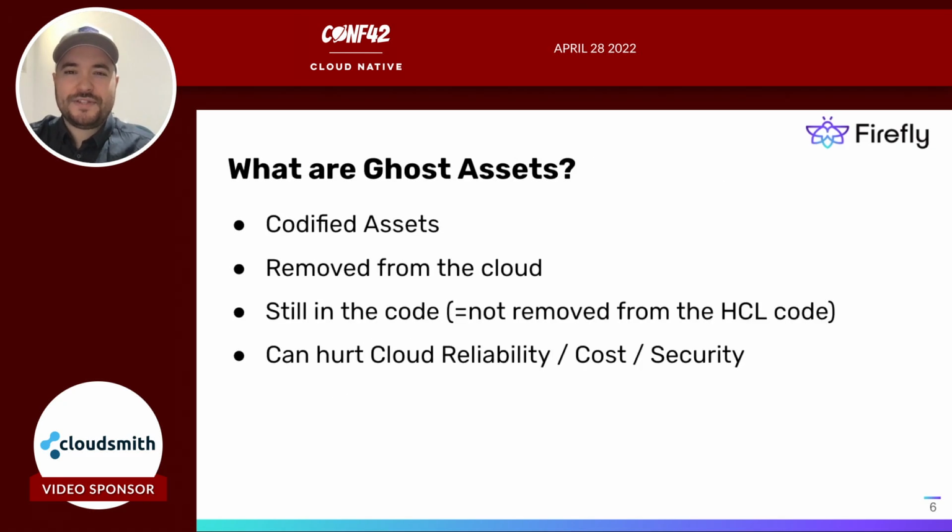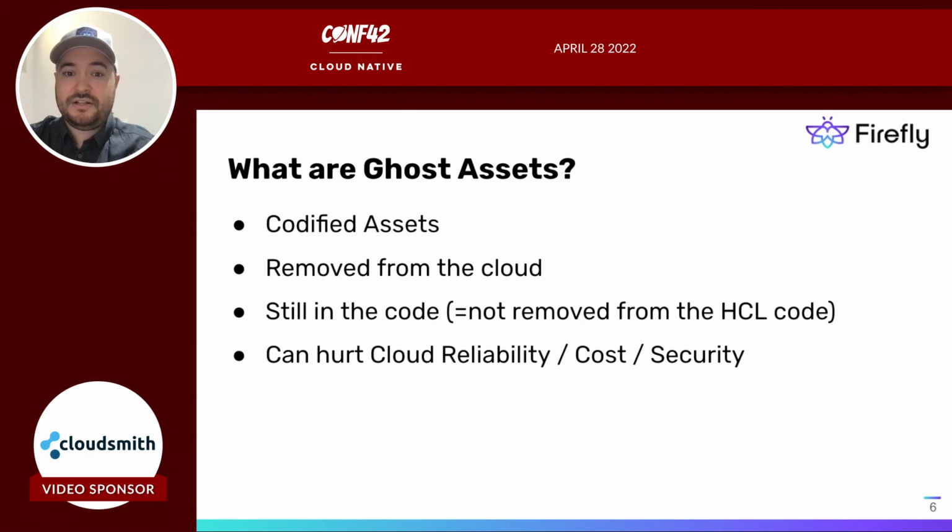So what are ghost assets? We have our codified managed assets created with code using the Terraform apply command. Someone or something completely removed one or more of those assets with API or ClickOps, meaning manually. They now cease to exist in the cloud.